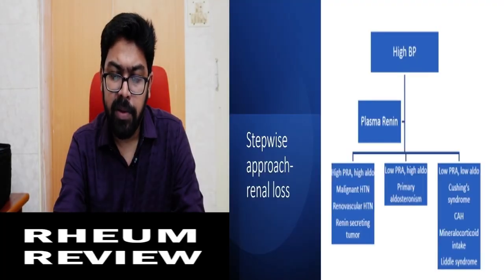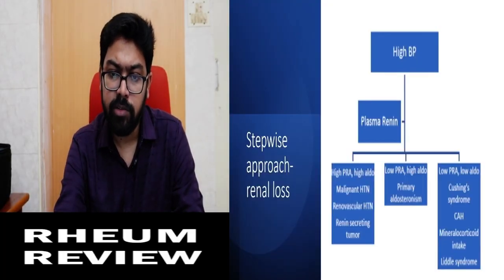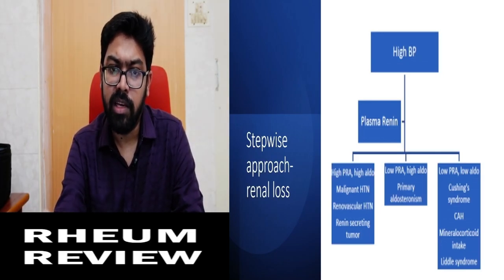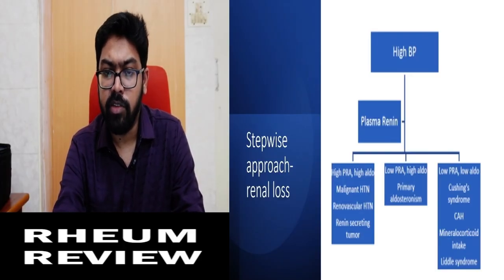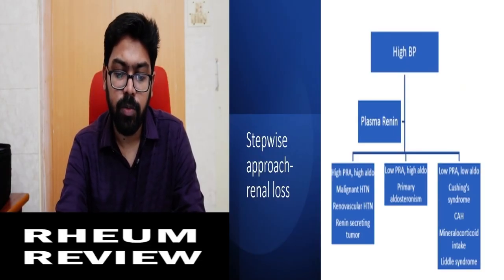If the patient has both low plasma renin activity and low aldosterone, that means something else is doing the activity of aldosterone. It occurs in Cushing syndrome, congenital adrenal hyperplasia, and Liddle syndrome.